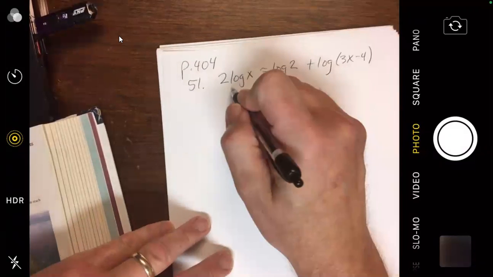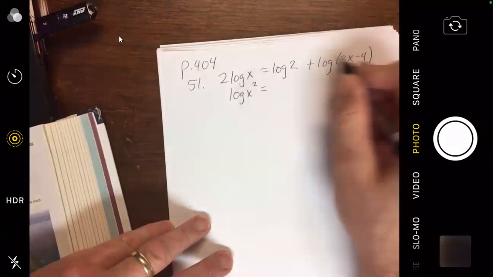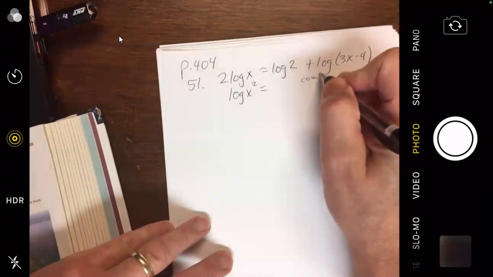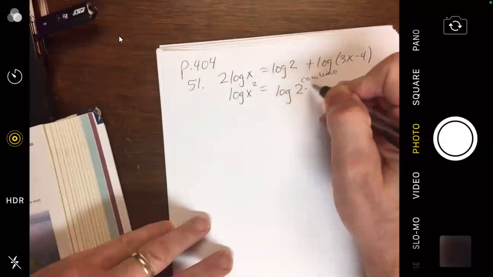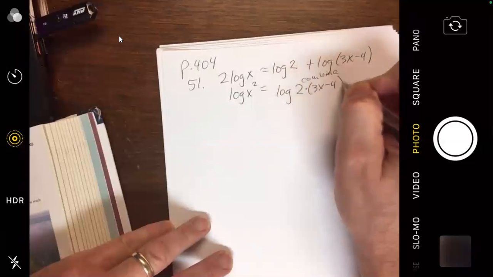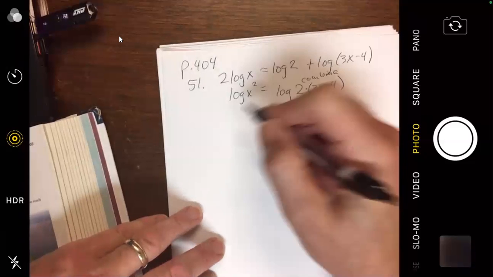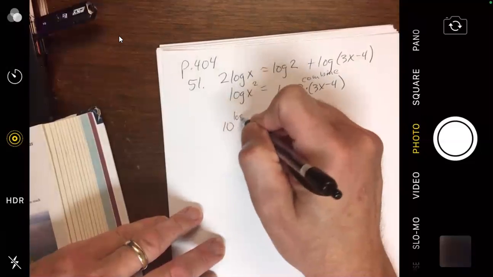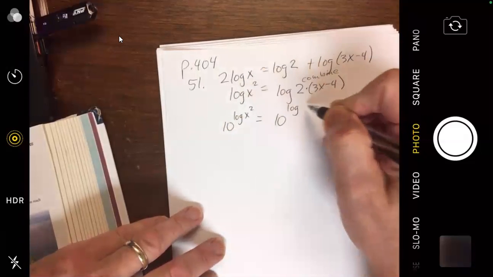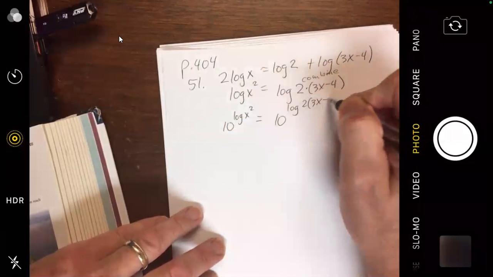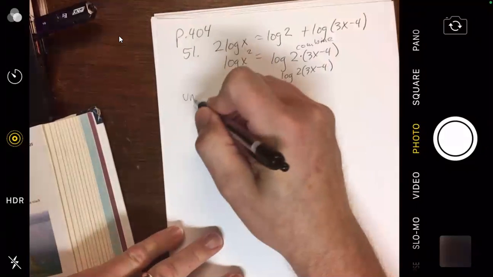All right, I'm just going to make this log of x squared. And I can combine, make that a log of 2 times 3x minus 4. Then I want to raise 10 to the log of x squared, 10 to the log of 2 times 3x minus 4, so that this undoes.